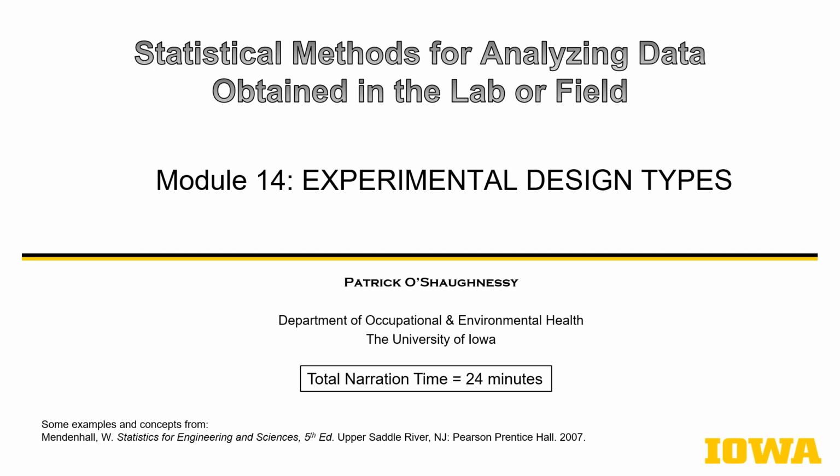This is Module 6 of the grouping of statistical courses called Statistical Methods for Analyzing Data Obtained in the Lab or Field. This module will cover experimental design techniques. It is recommended that you review modules 2, 3, and 4 prior to this module.